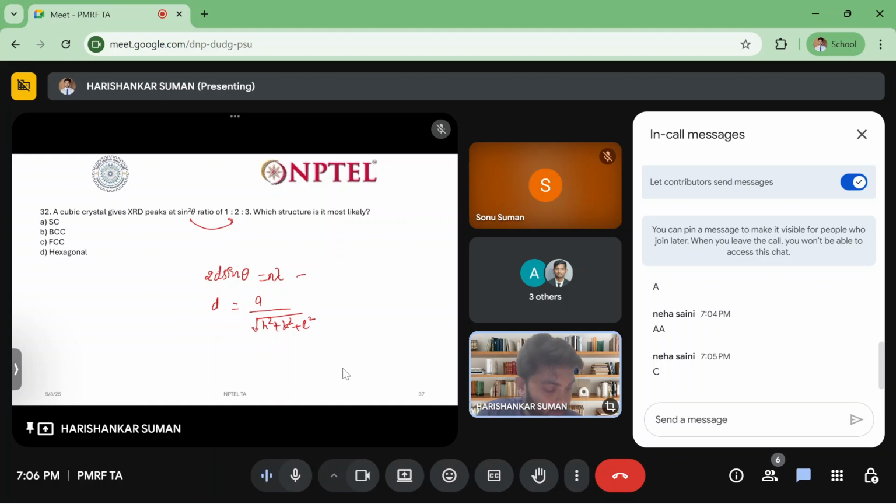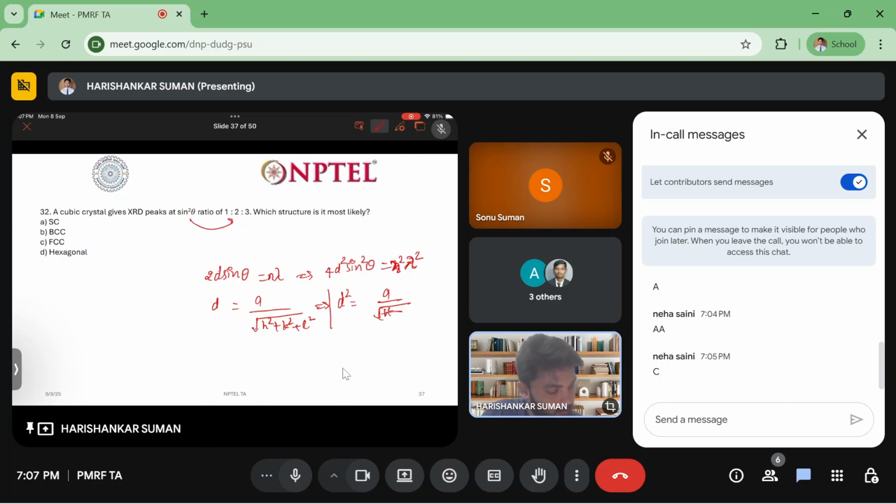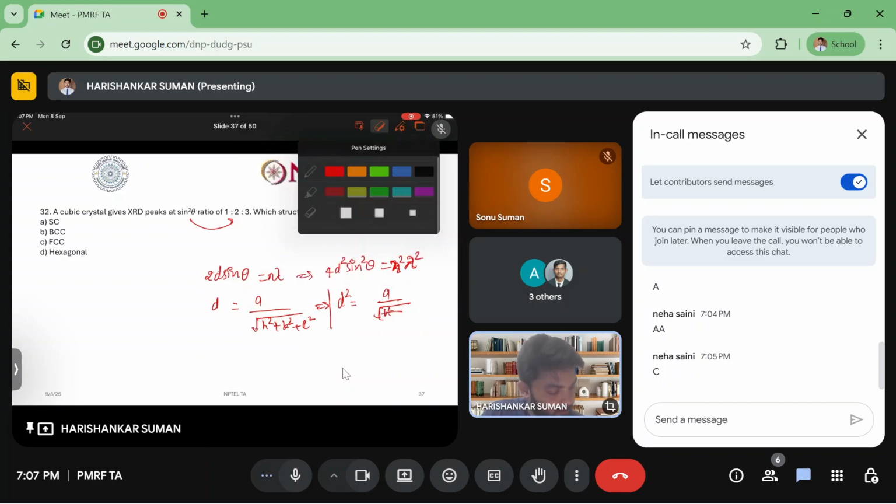Let us square all this: 4 d square sine square theta equal to n square lambda square, and you can substitute d square. Give it 1 minute.